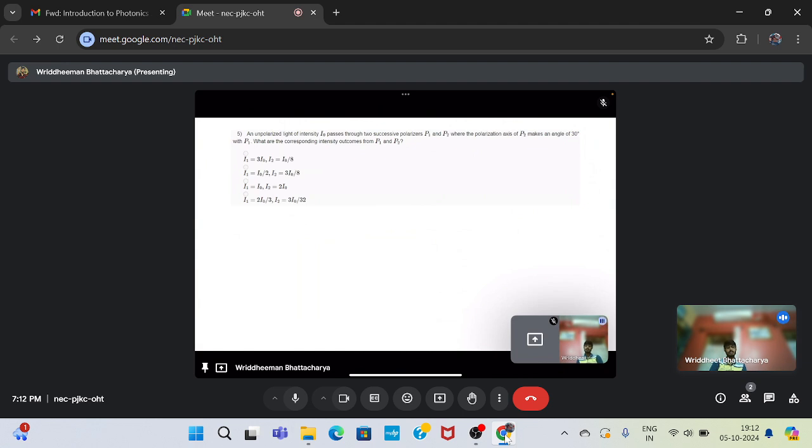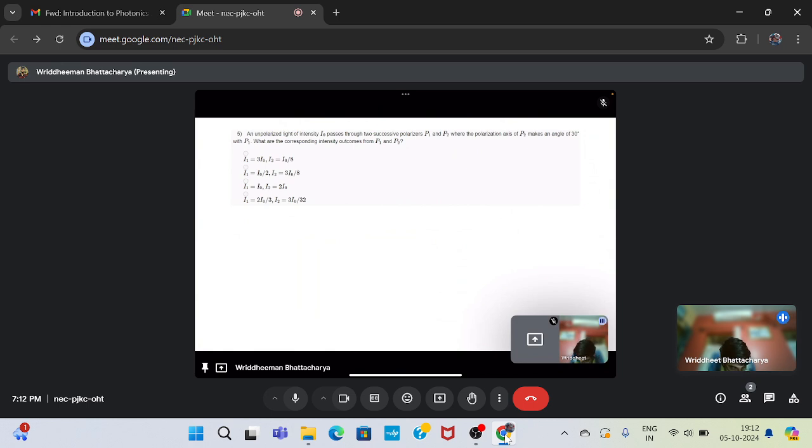An unpolarized light of intensity I0 passes through two successive polarizers P1 and P2, where the polarization axis of P2 makes an angle of 30 degrees with P1. What are the corresponding intensity outcomes from P1 and P2?